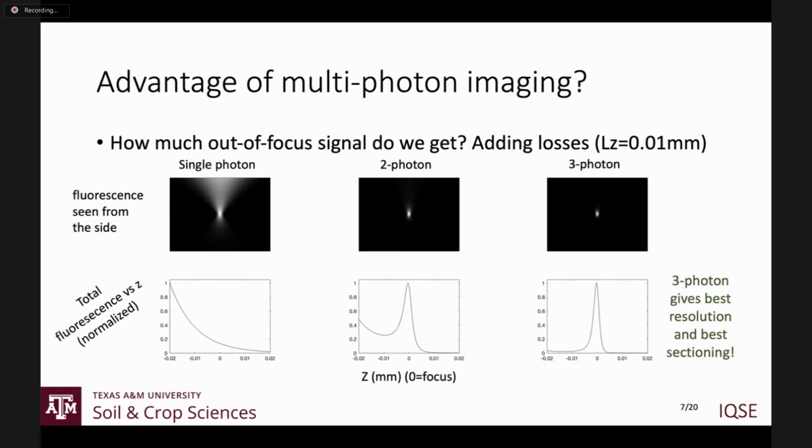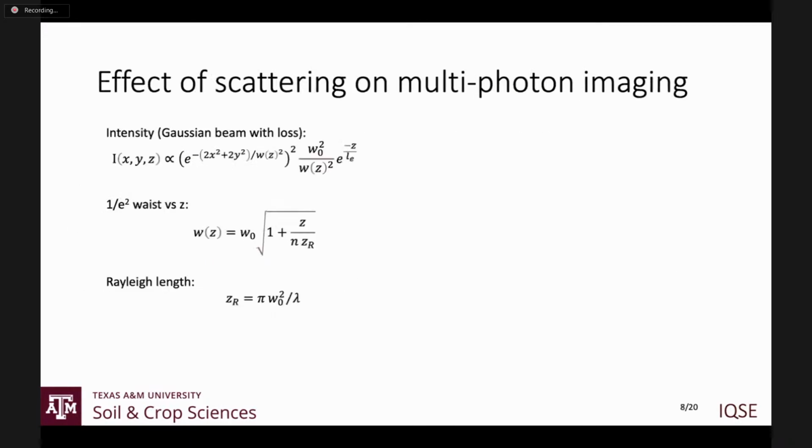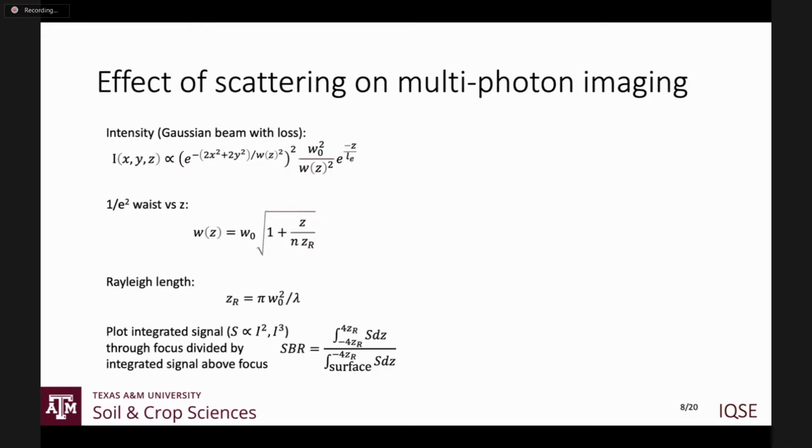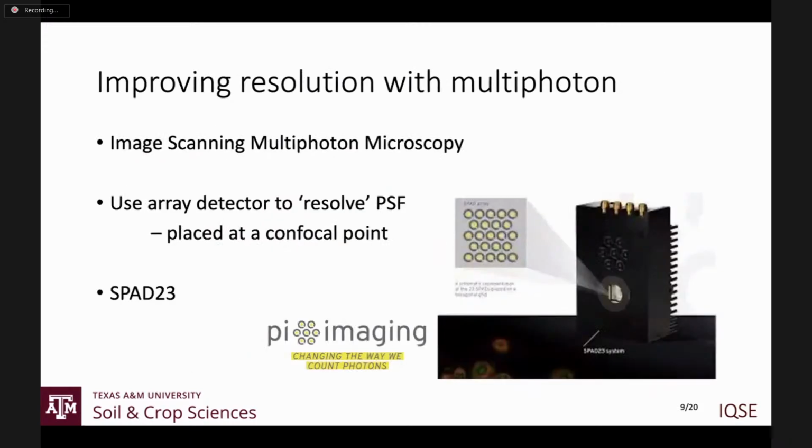If you get too many losses in your sample, when you go deeper and deeper, at some point you get to a point where the 2-photon signal from the top could be comparable to the signal that you get from the focus. But in that case, 3-photon microscopy still gives you this very good sectioning. I think I will just skip this slide here.